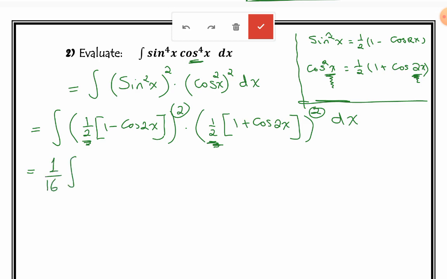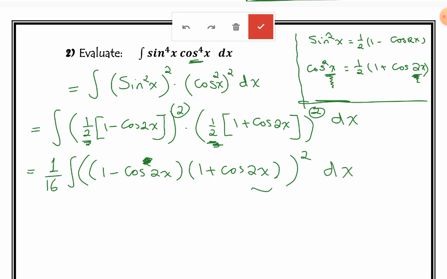1/16, I will leave it behind the integral sign as a constant, and then we have 1 minus cosine squared 2x into 1 plus cosine 2x, all to the power of 2 dx.